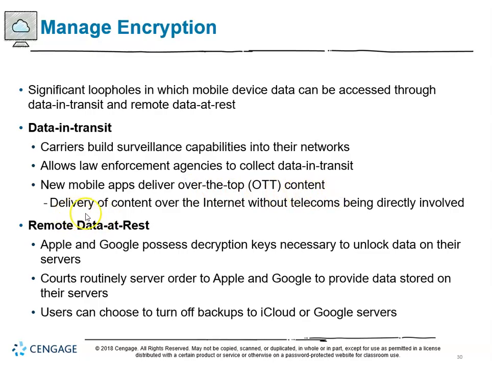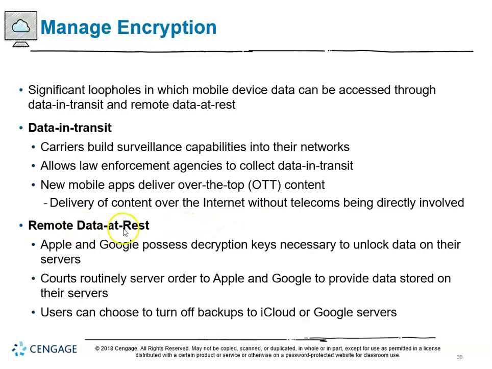What is this? This is delivery of content over the internet without the telecoms being directly involved. So that's one way to secure data in transit. In other words, it's not going through the usual route where the telecoms or ISPs would be able to filter it.